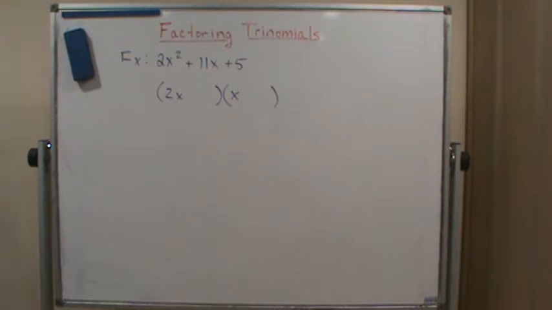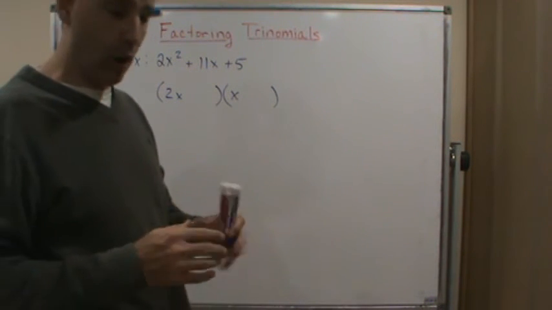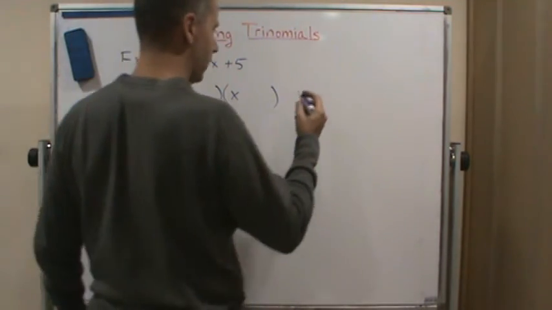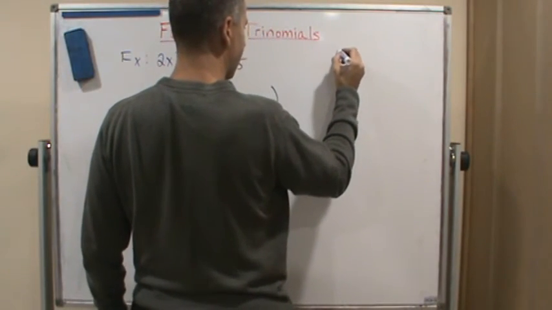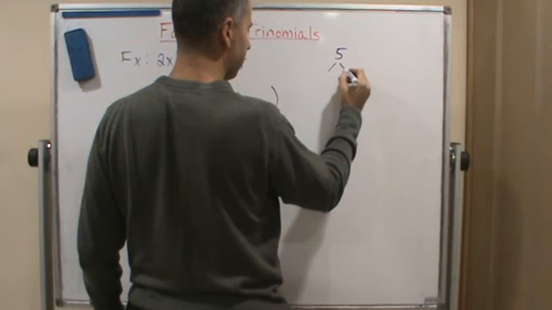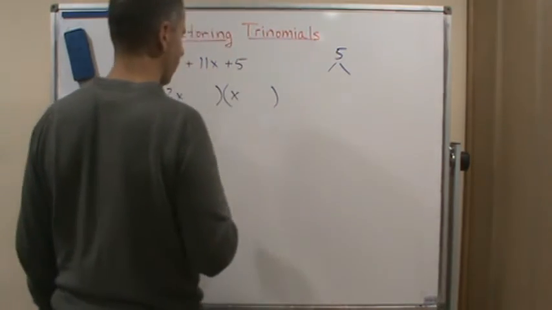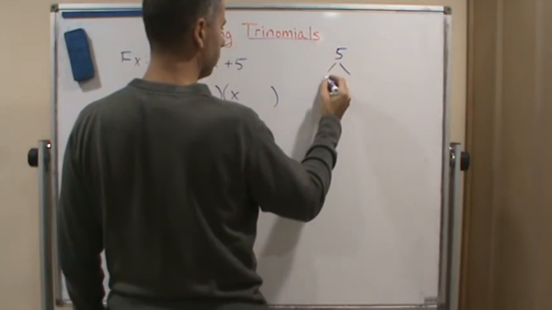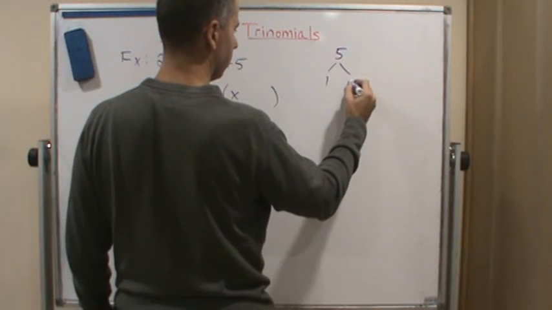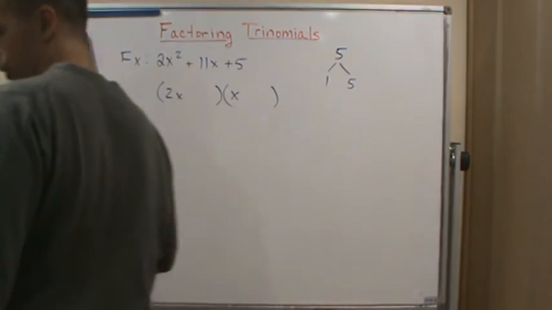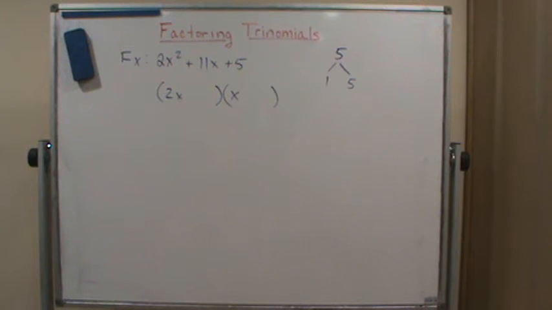So now here's where the trial and error has to come in, because I have to take the factors of 5, which are 1 and 5.